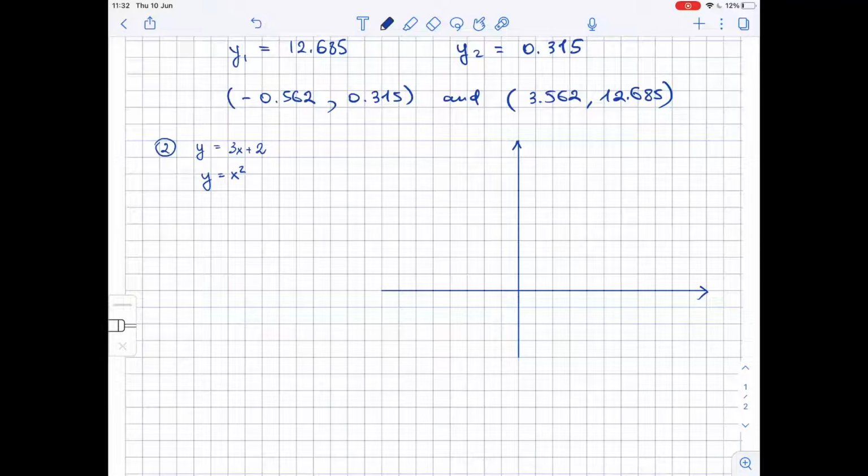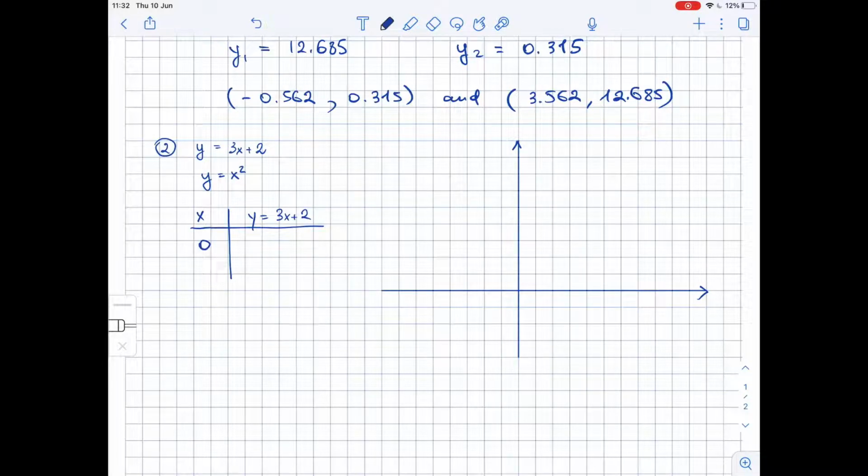So by graphing our first equation, y is equal to 3x plus 2, we know that to build a line, we can find 2 points, and this line will be defined by these 2 points. So we can just construct a table of values. So x and y is equal to 3x plus 2.